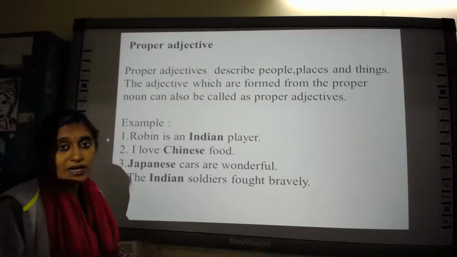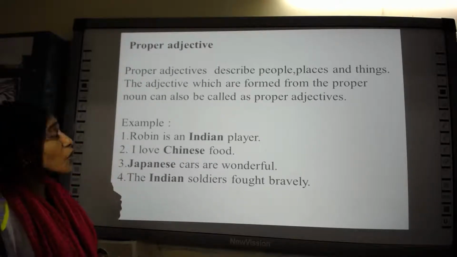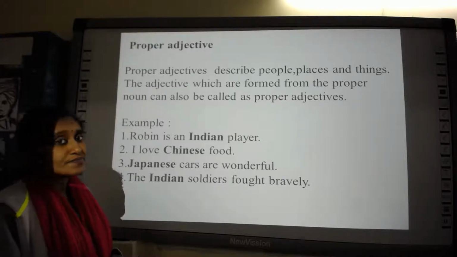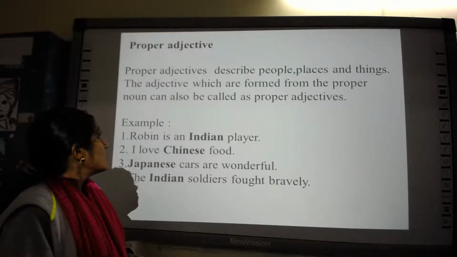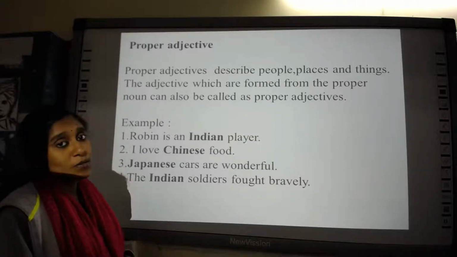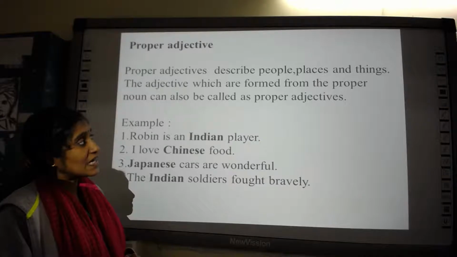Moving on to the next one, the second one is proper adjective. So, what is a proper adjective? Proper adjectives describe people, places, and things.